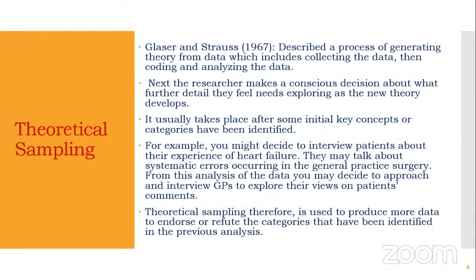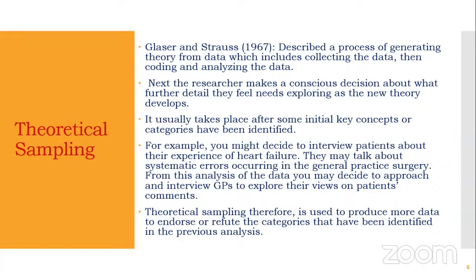So that is allowed in grounded theory research, and that actually will help you to reach the point of theoretical sampling. Theoretical sampling, therefore, is used to produce more data to endorse or refute the categories that have been identified in the previous analysis. Okay, so whatever analysis you are doing, you go on forming different categories, and as you do, you might develop the insight that, okay, I need some more data to verify or to reject these categories, or to build some more categories.